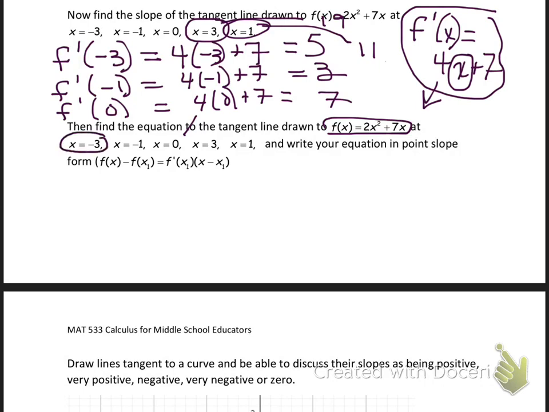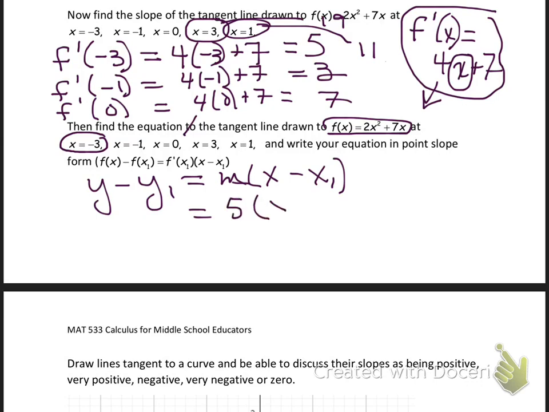If x equals -3, and I know that the equation of a tangent line is easily determined by using point-slope form, then I know at -3 the slope was 5. -3 flips that to 3.